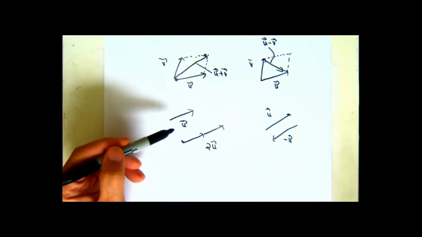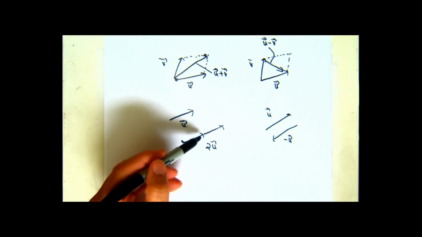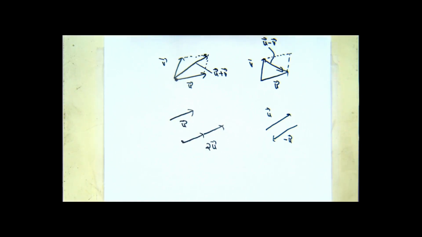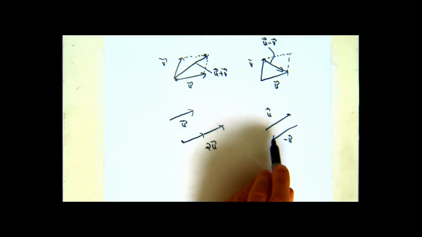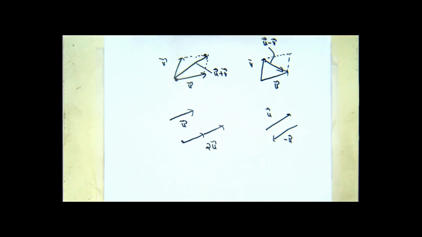Or if I tell you what u is, I can draw u, draw a copy of u, and call that 2u, draw the arrow u, then draw it again, except interchange the initial and terminal points so as to get negative u. Everything that we know about up to this point works just as it did back in third semester calculus.